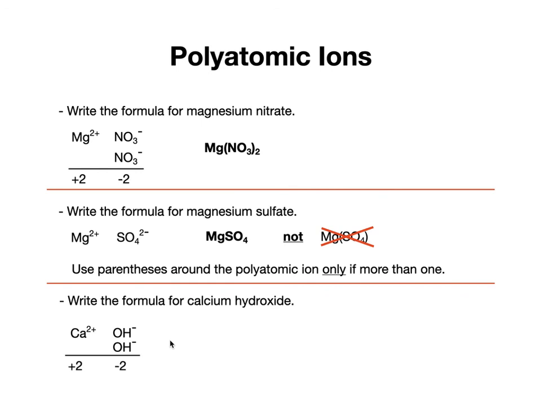So we've got a +2, we've got a -1. These are going to combine in a 1-to-2 ratio. Okay. 1 calcium, 2 hydroxides. I have to use parentheses, right? Have to use parentheses here. Calcium hydroxide.